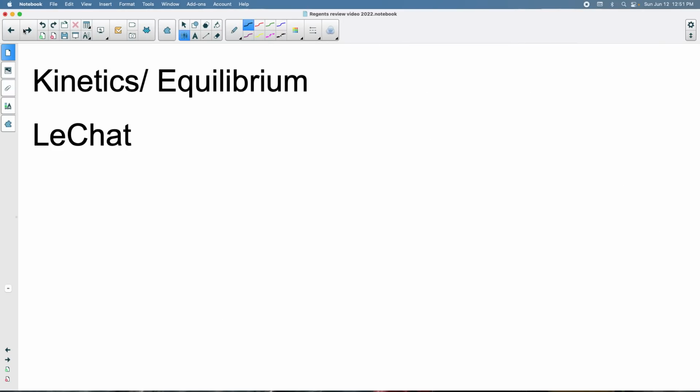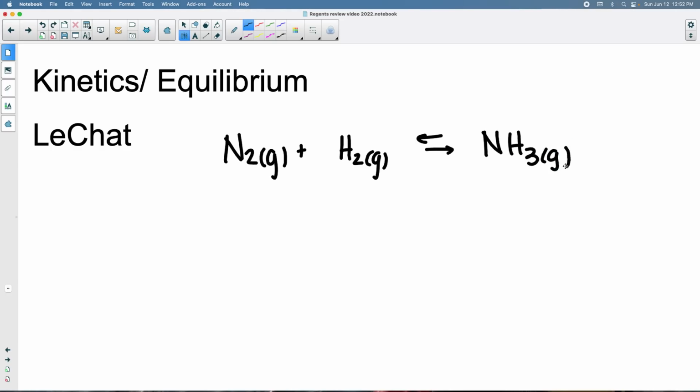Kinetics, equilibrium, Le Chatelier's principle. Remember, if we have a reaction like, I don't know, N2 gas plus H2 gas in equilibrium with NH3 gas, we have to balance it. It would be given balanced to you.